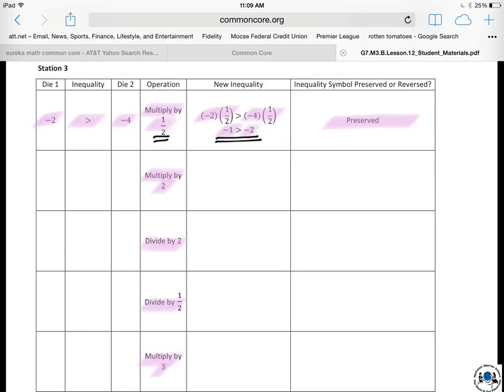So in this case, multiplying two negative numbers by this positive 1/2 maintains or preserves the inequality.